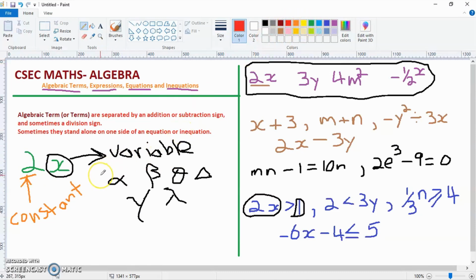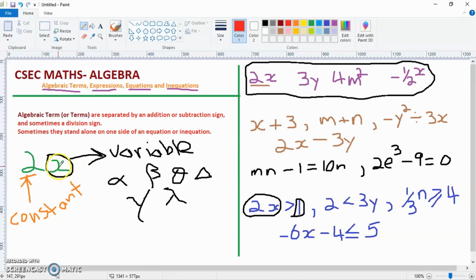A variable can be any number. It could be 1, 2, 3, 4, 5, whatever. It could be a decimal, a fraction, whatever you want the variable to be. So if you want x to be 3.5, then x is 3.5.